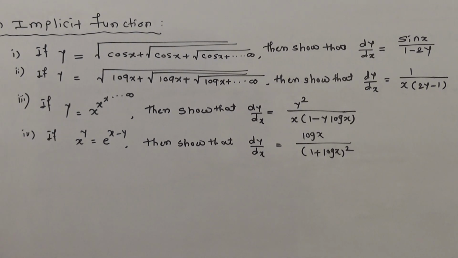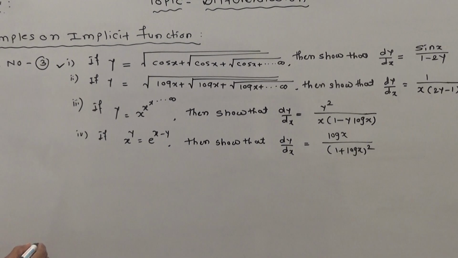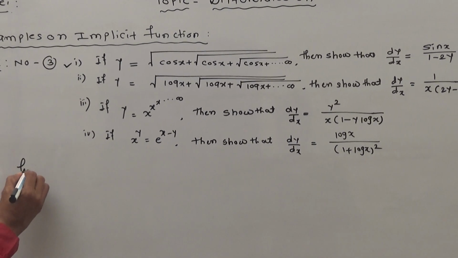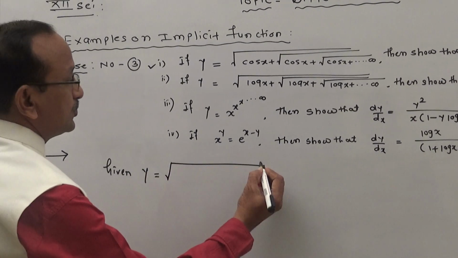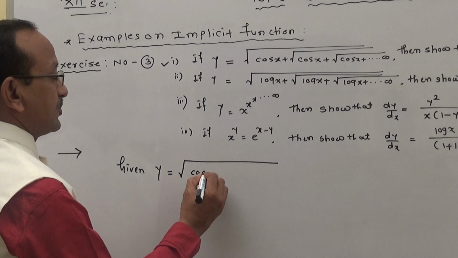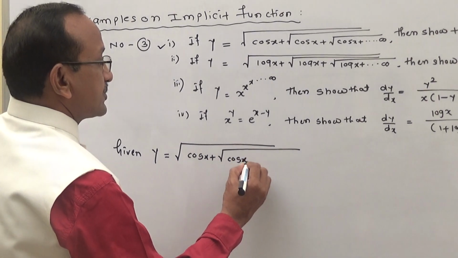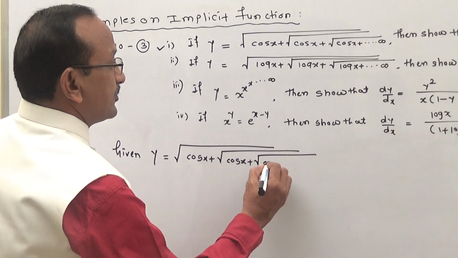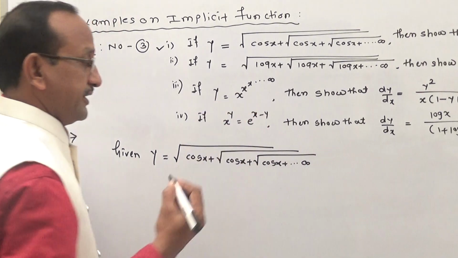See one by one. So now let us consider the first step. Given this function y is equal to root of cos of x plus root of cos of x plus root of cos of x plus dash dash infinity.